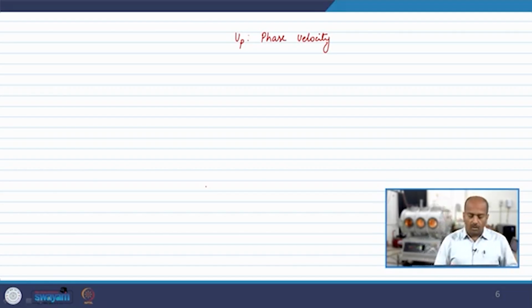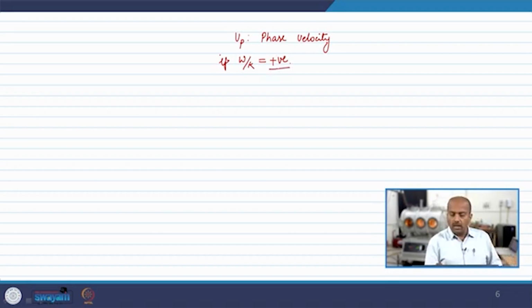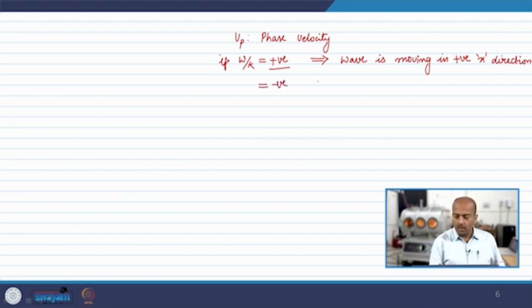If omega by k is positive, what does it mean? It means that the wave is moving in the positive x direction, or if it is negative, it is moving in the negative x direction, right.